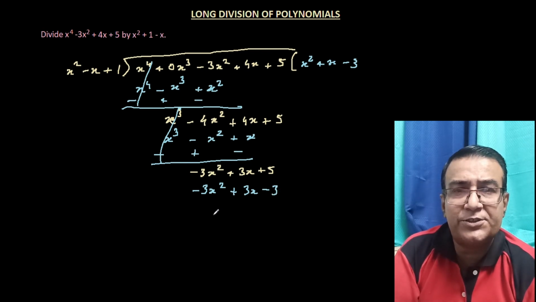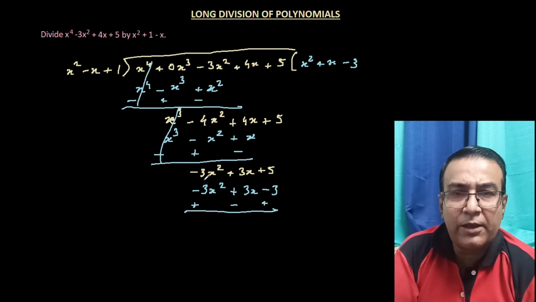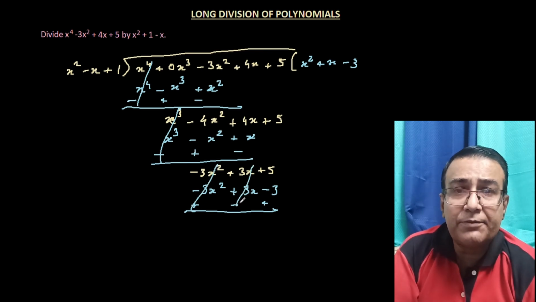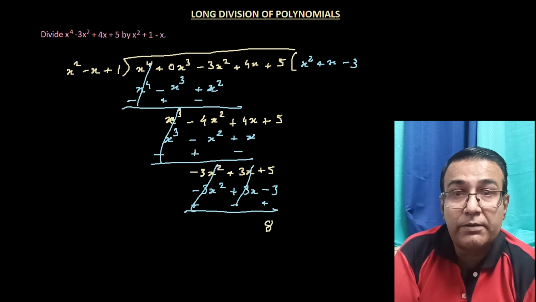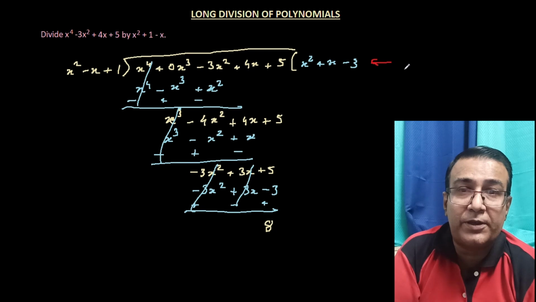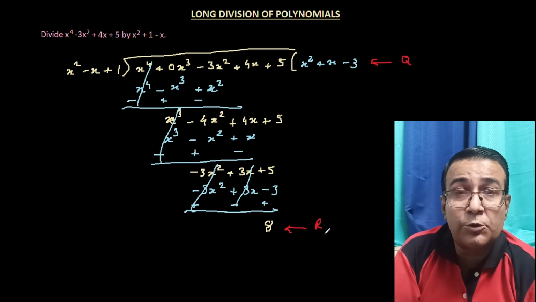The signs change. This becomes positive, this becomes negative, this becomes positive. The x square terms can now get cancelled out, and even this 3x can get cancelled out, and what we are left with is 5 plus 3, which gives us 8. And again, the degree of the remainder is less than the degree of the divisor, so we have to stop here. And this is our quotient, and this at the bottom gives us the remainder.